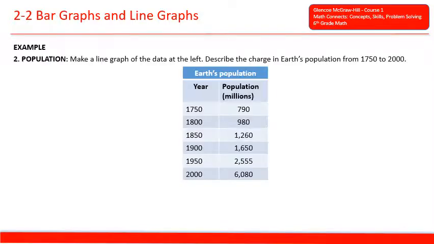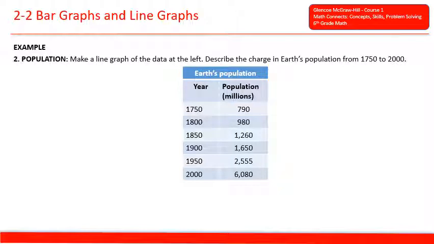Example, make a line graph of the data below. Describe the change in Earth's population from 1750 to 2000. So first we have to figure out, okay, we see the years in the column on the left. Then the population is in millions. So in 1750, there were 790 million.